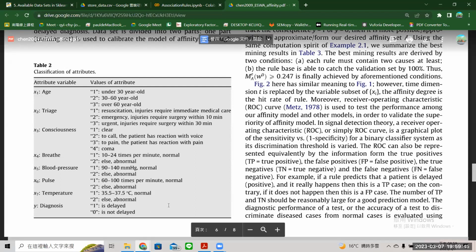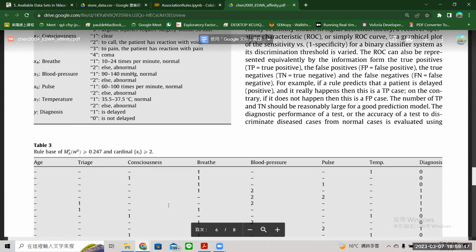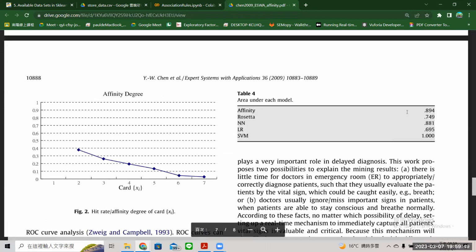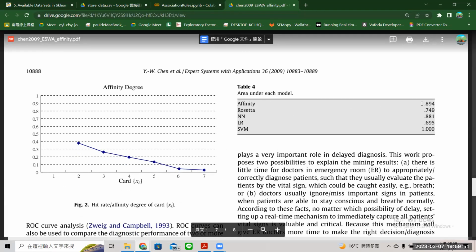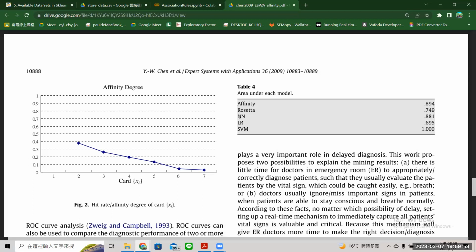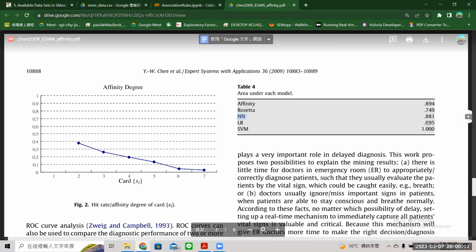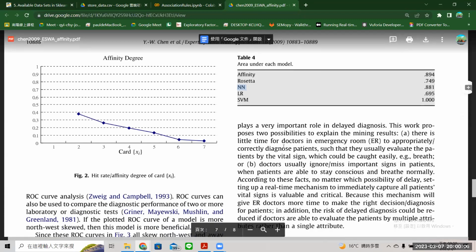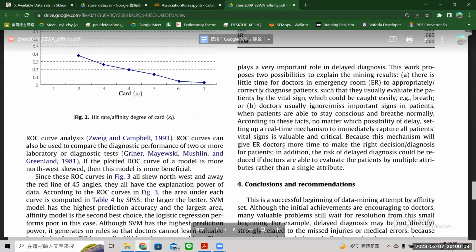After that I find some rules, right? And I use the data mining prediction accuracy to compare with other models. We are talking about neural network next time. Not bad, right?